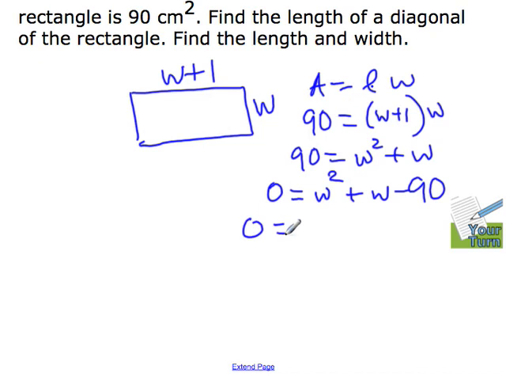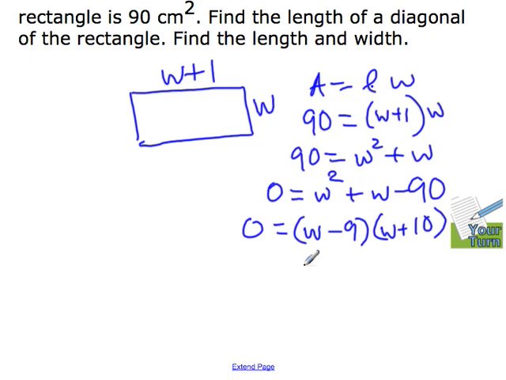So 0 is equal to, let's see, I need to factor this. Two things that multiply to 90 that have a difference of 1. Got to be 9 and 10. So W here, W there, 9 here, 10 there. Since this is positive, the larger one has to be positive.